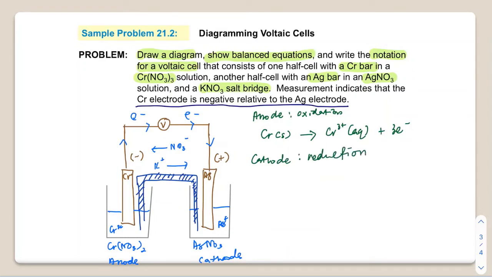What's being reduced is actually Ag plus. The electron that is donated by the source of the electron, which is this half cell, will go to the silver half cell, and it will be received by the silver plus ion, and the silver plus ion will undergo reduction and turn to Ag solid.